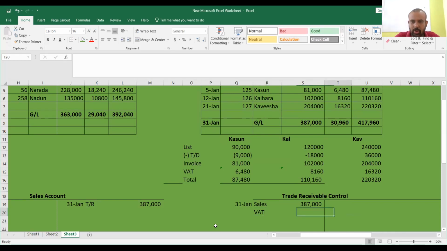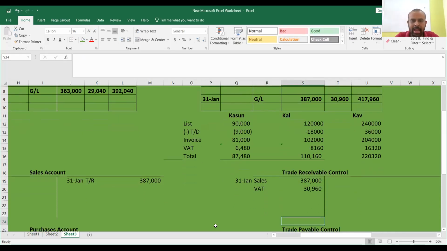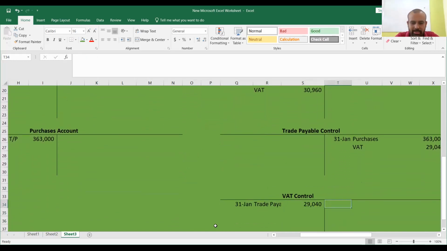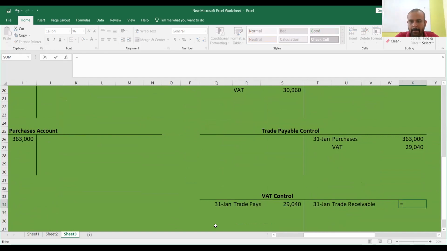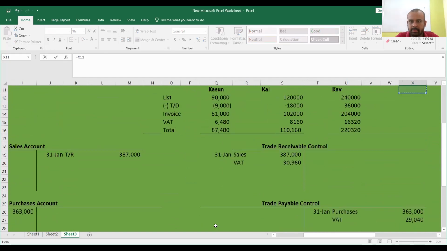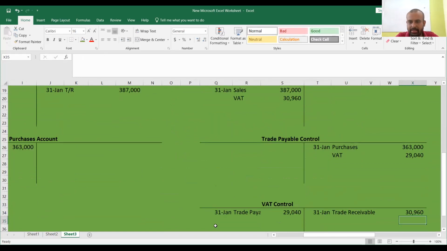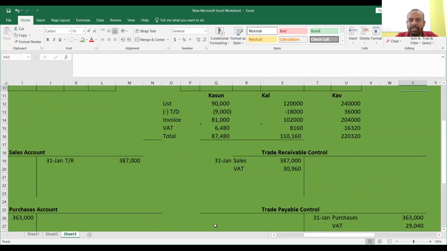Saying VAT, you record 30,960 and credited to the VAT control account. VAT on sales is a liability, right? Then saying trade receivable, you need to debit here. It's 30,960. Okay, now everything is fine.